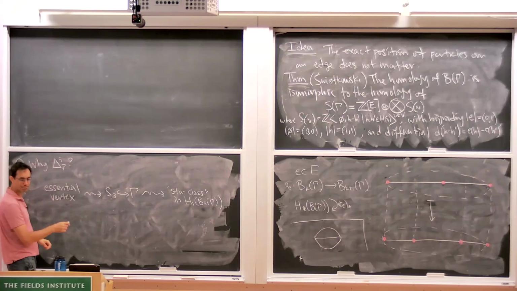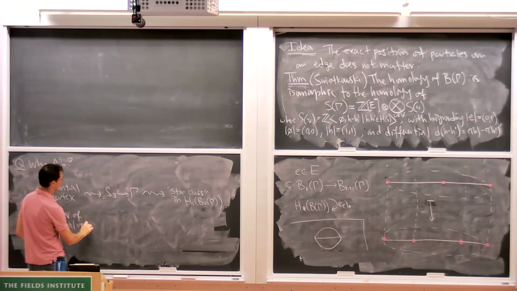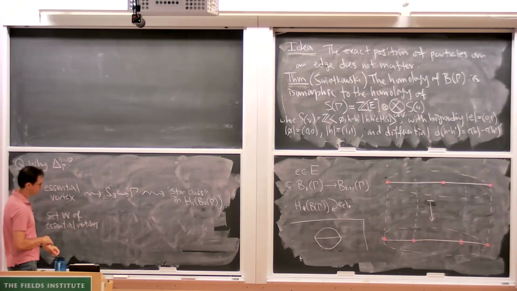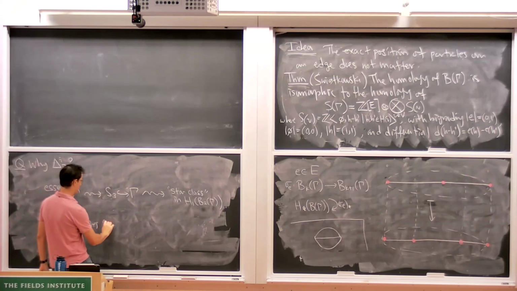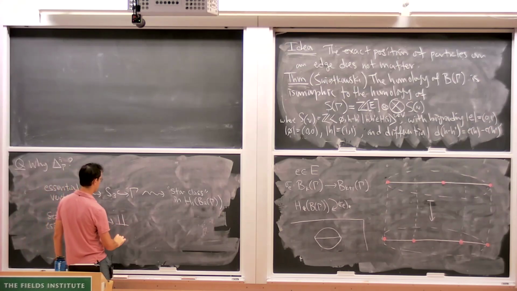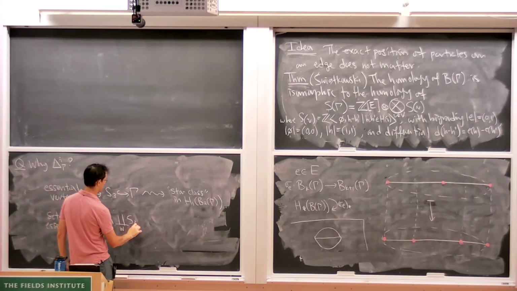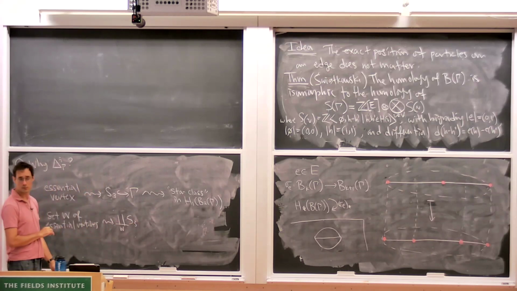If we have a set of essential vertices, W, that leads to an embedding of a disjoint union of W many stars into the graph, one at each of those vertices.